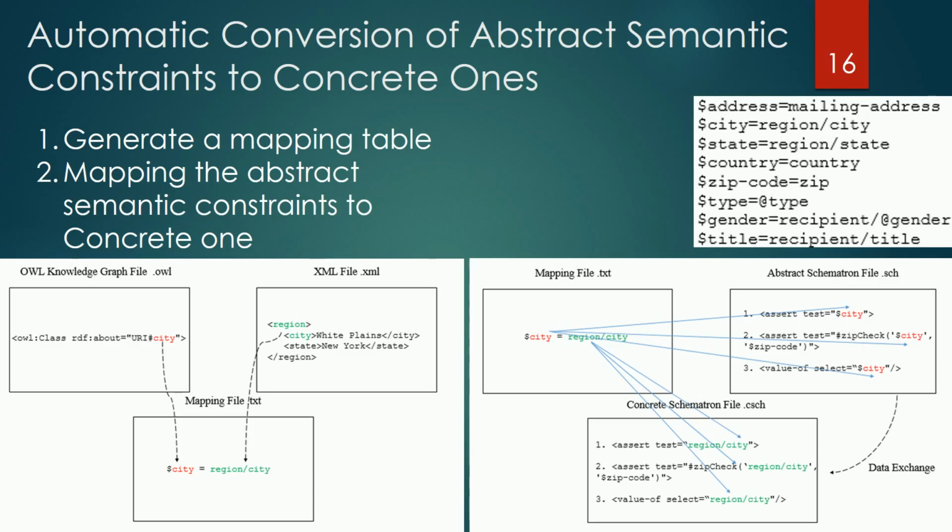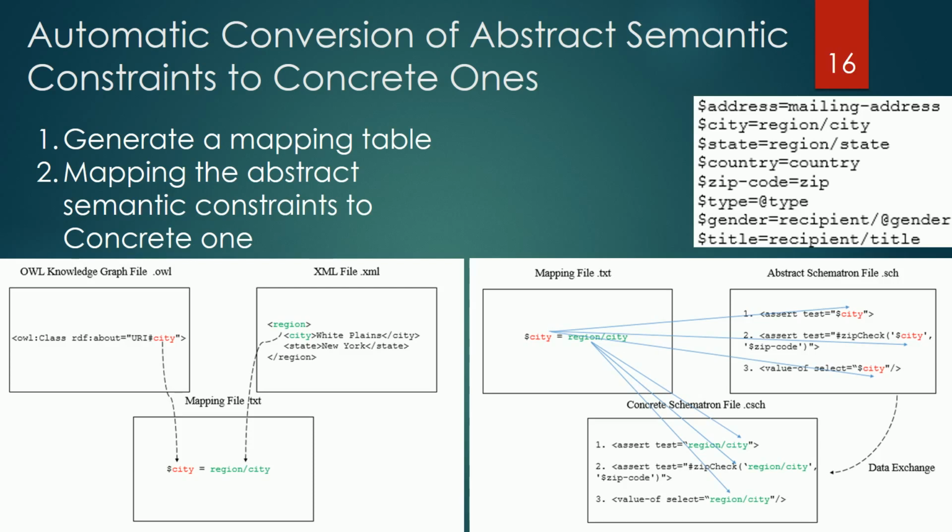The name to the left of the equal sign is the value of owl:Class rdf:about, which represents the name of an abstract concept. The value on the right side is the XPath expression of the given XML instance document.